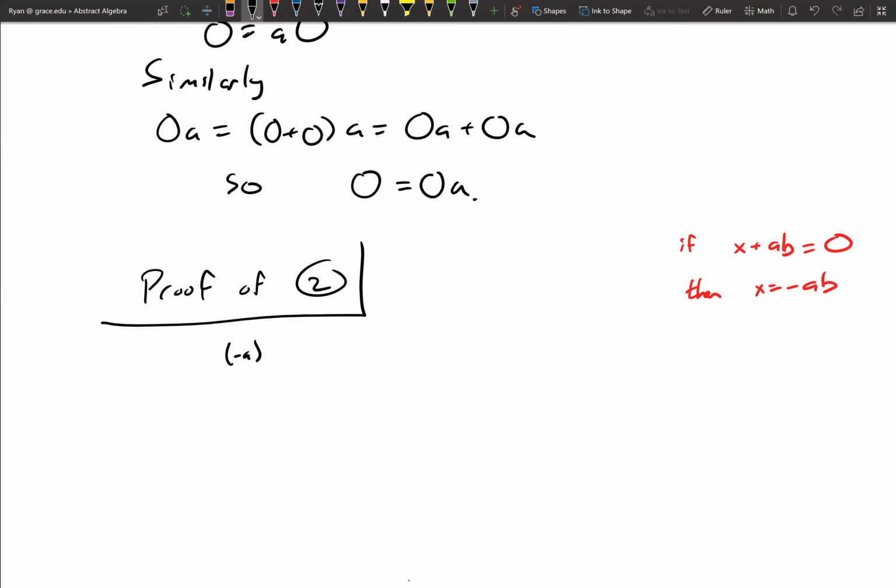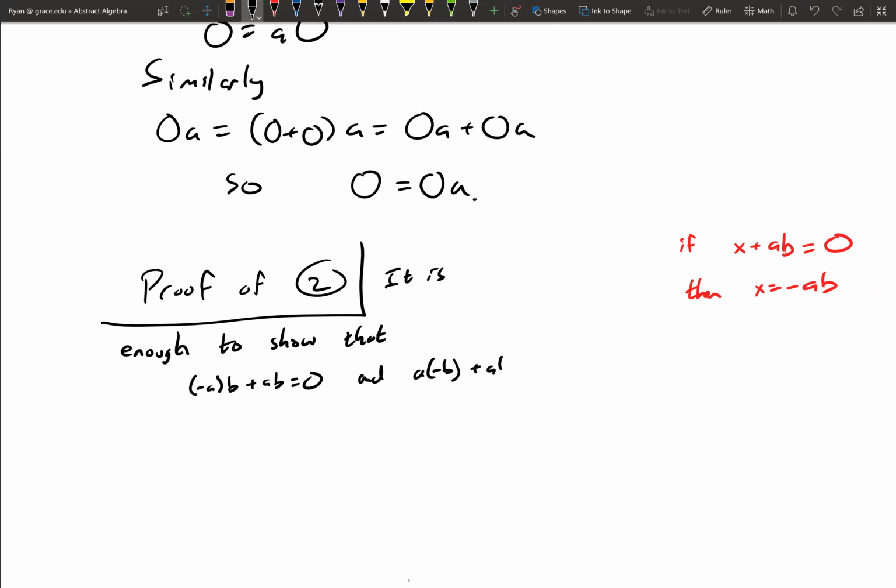The way you start the proof is, it is enough to show that negative AB plus AB equals 0, and A times negative B plus AB equals 0.